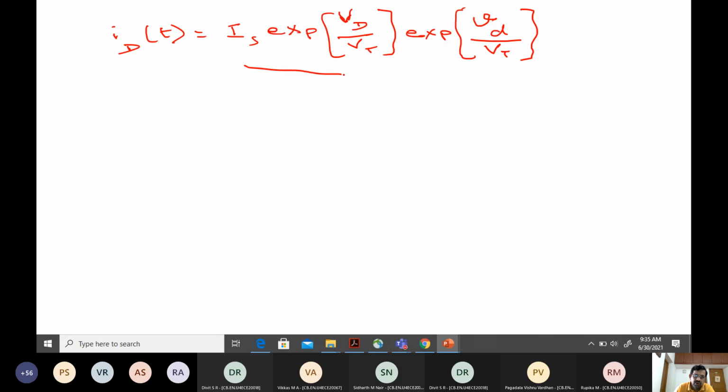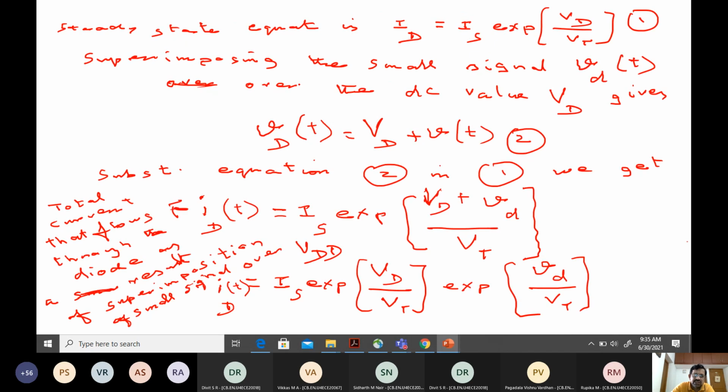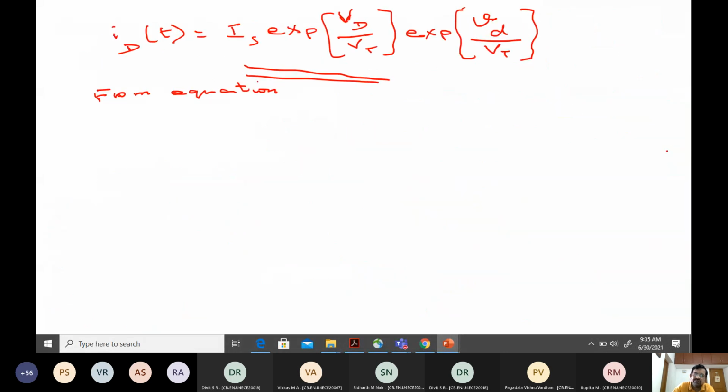Now you look at this term from equation 1. Here you are not simply substituting, we have to ensure that we apply the concept properly. It is not mere substitution. You have to apply the concept over there. That is why this capital I is changed to small i capital D subscript, function of time. Try to understand, apply the concept, what I said.